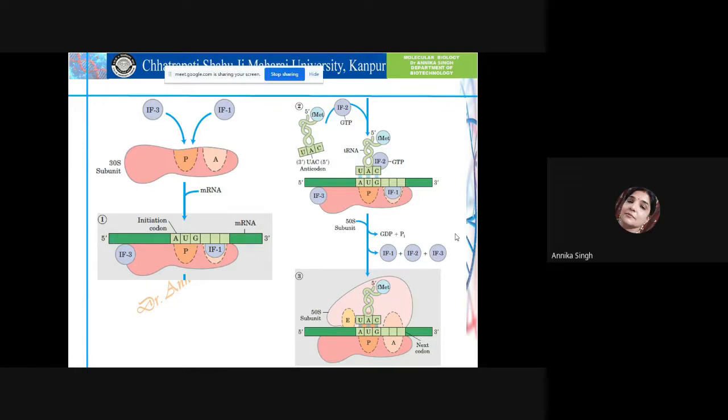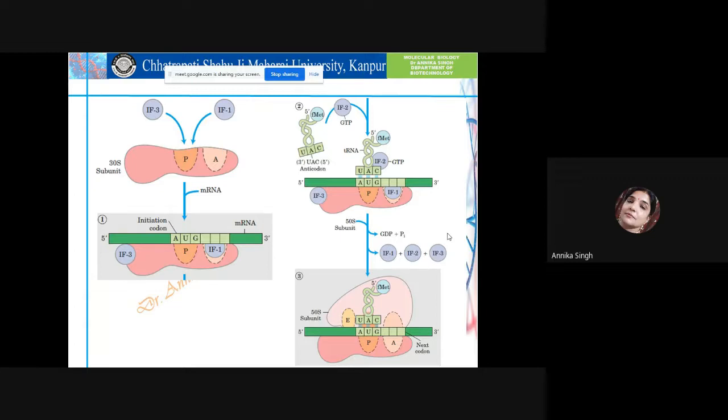Protein synthesis begins at the amino terminal end and proceeds by the stepwise addition of amino acids to the carboxyl terminal end of the growing polypeptide.